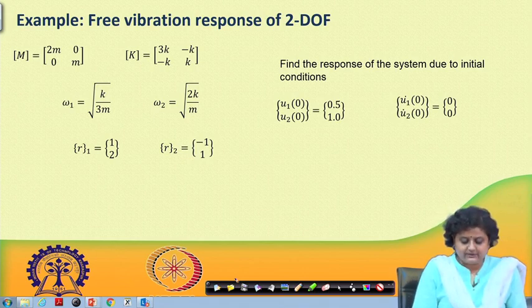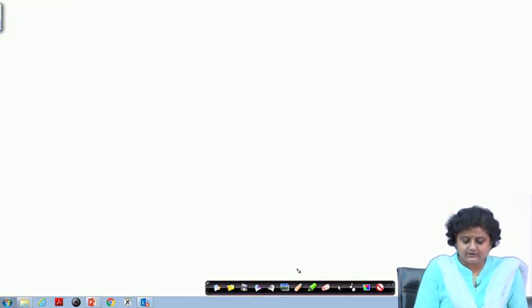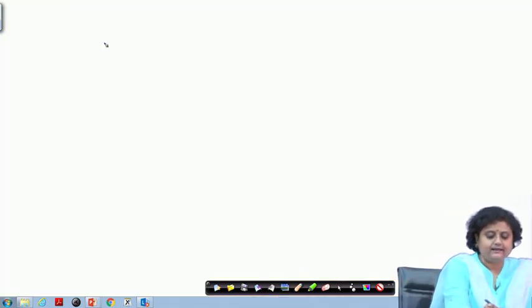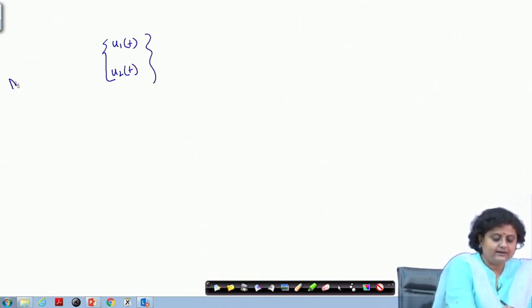We have seen that the free vibration response, u1(t) and u2(t), can be written using the modal expansion theorem. We have talked about the theory of this earlier.